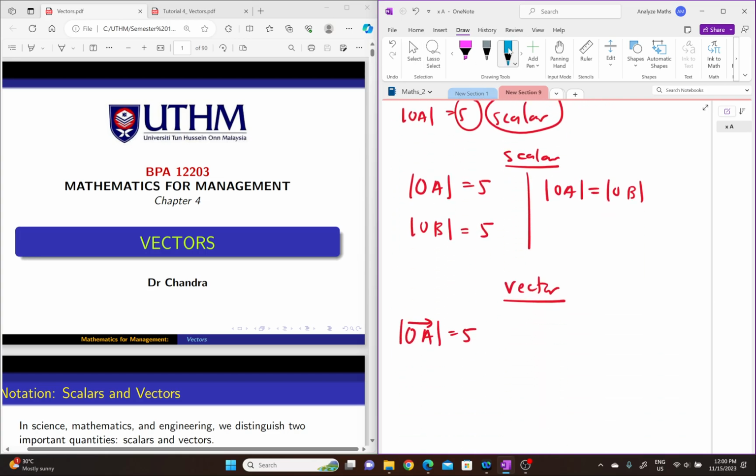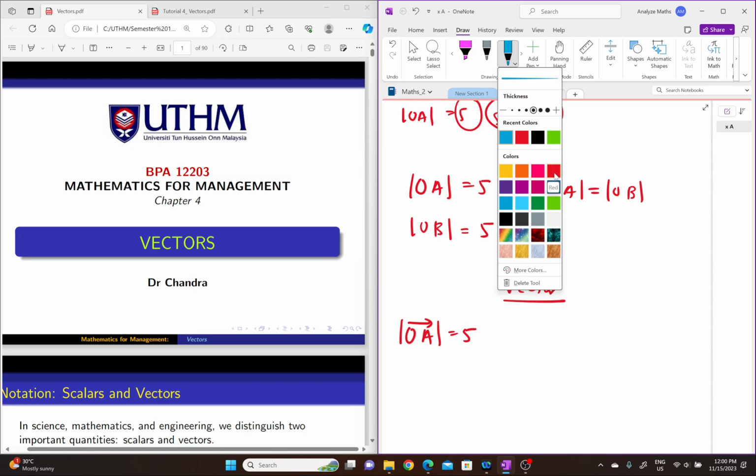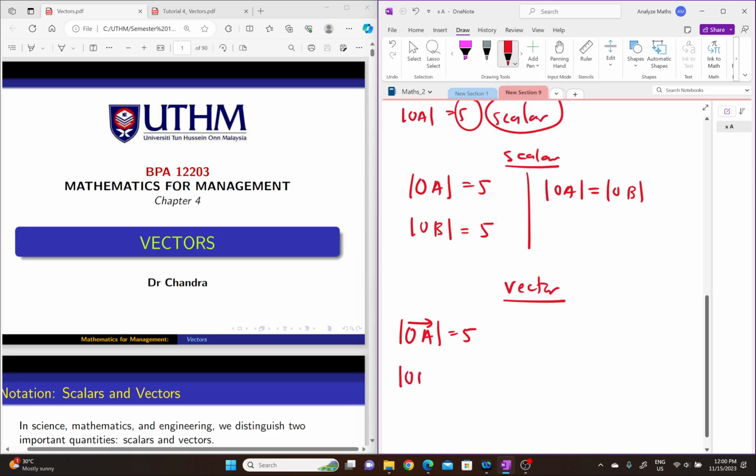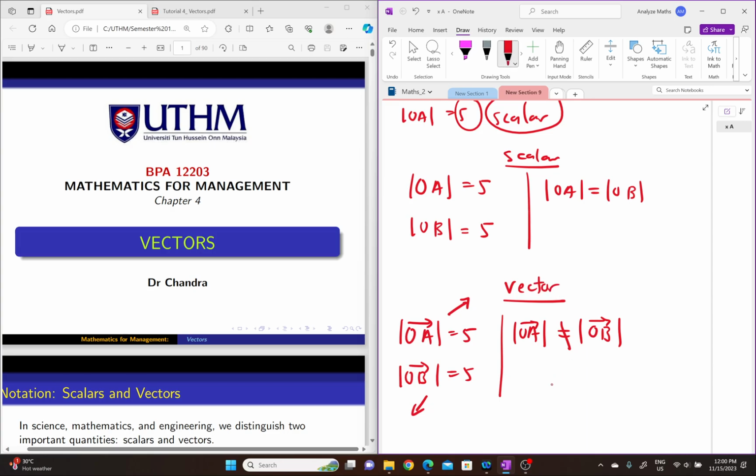So if I write vector OA like this and vector OB like this, both are 5, but since one goes up and one goes down, vector OA is not equal to vector OB, just because of the direction. So in vectors, direction plays a major role. You have to understand that. That is the major difference between scalar and vector.